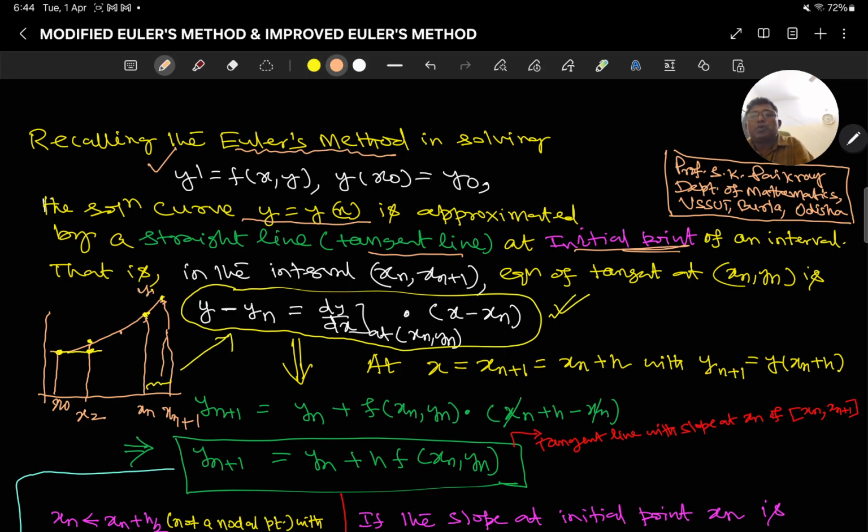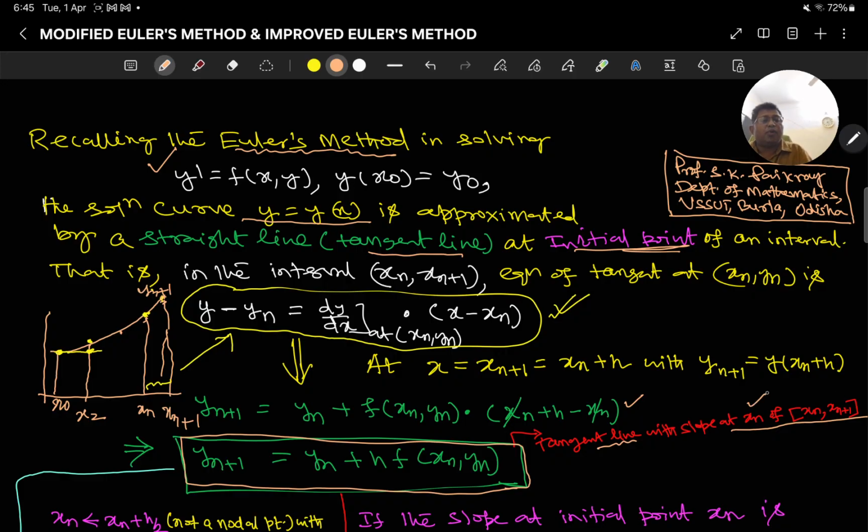So yn plus 1 here is yn plus f(xn, yn) into this. This is the formula for the Euler's method. You can refer to the previous lecture for details. That means this formula is approximated by the tangent line with slope at the initial point of the given interval. Subsequently I will discuss the modified Euler method and improved Euler method in detail.